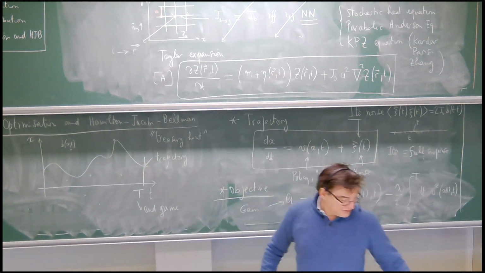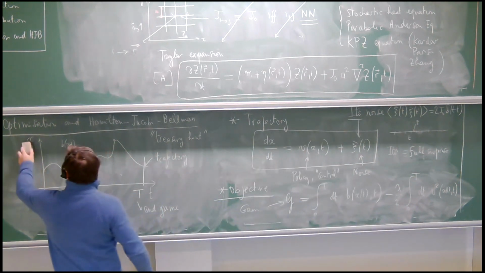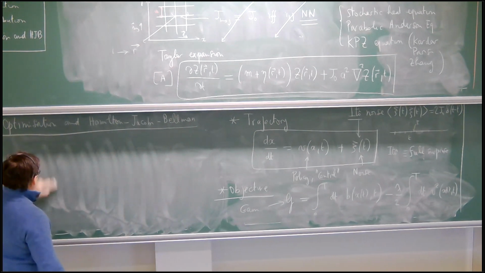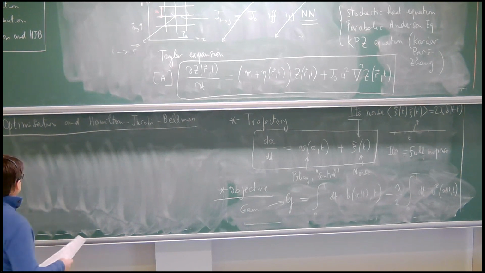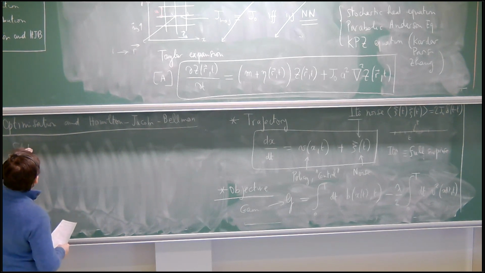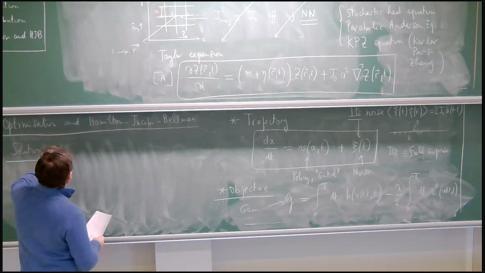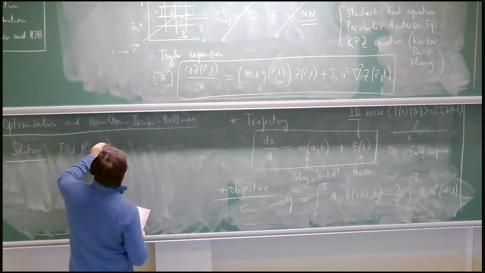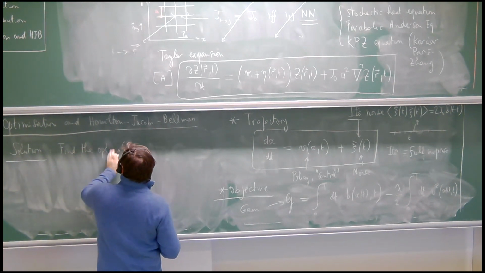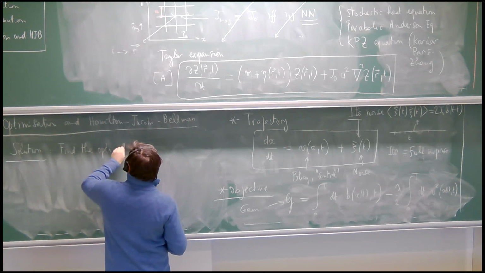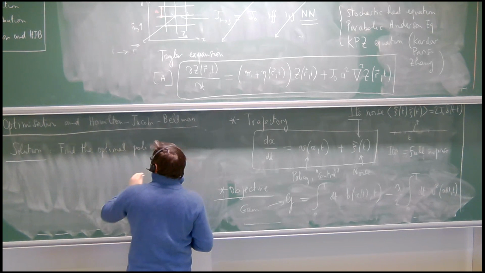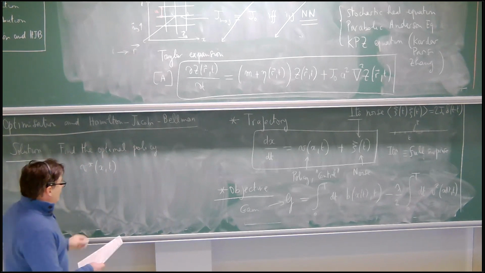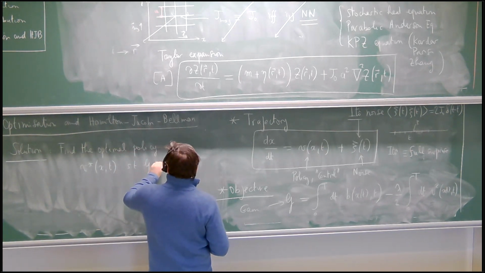So the solution of this problem, the solution to my treasure hunt problem, the solution that we are looking for is to find the optimal policy, the optimal control, so what I can call V star of x and t, such that G is maximized.